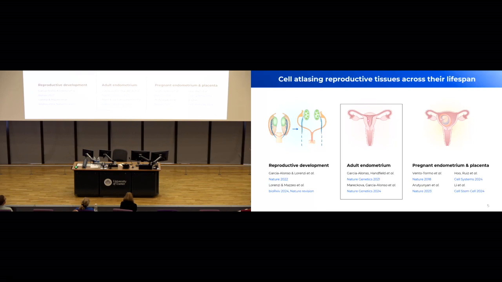They are developed in utero, but they are not functional until after puberty, and then they go through massive remodeling during pregnancies. So we have been mapping all this dynamic of reproductive tissues, but for today, I'm going to focus on our work on the adult endometrium.